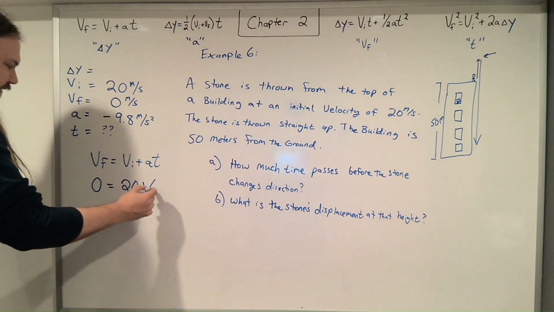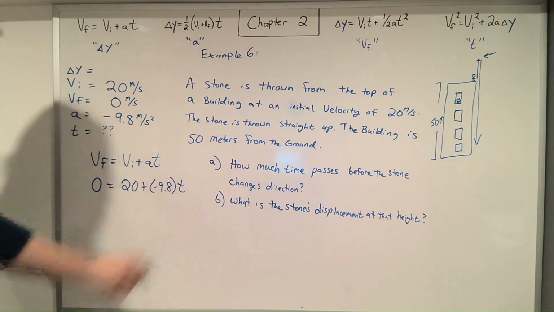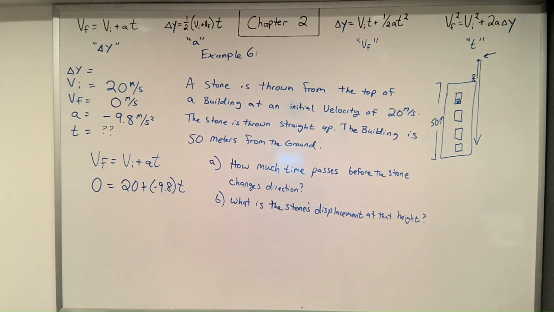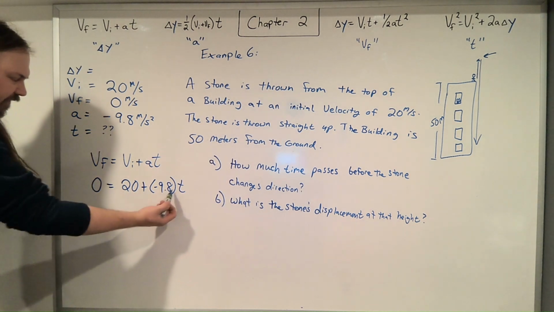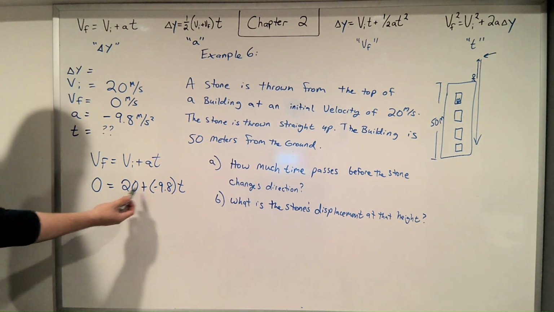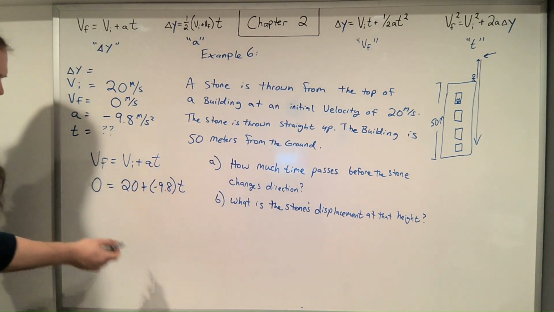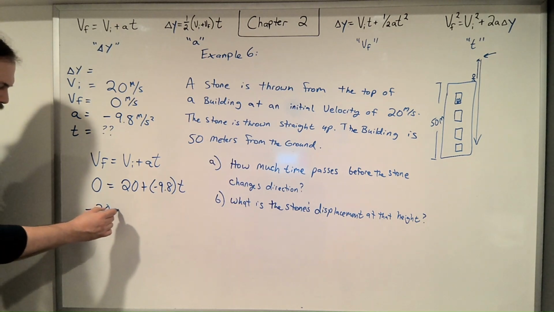Plus our acceleration, which is negative 9.8, and t is the variable that we're trying to solve for. Again, just for clarity, I want to get rid of the addition on this side first. So I'm going to subtract 20 from both sides, and we'll have a cancellation. 0 minus 20 is going to give me negative 20.